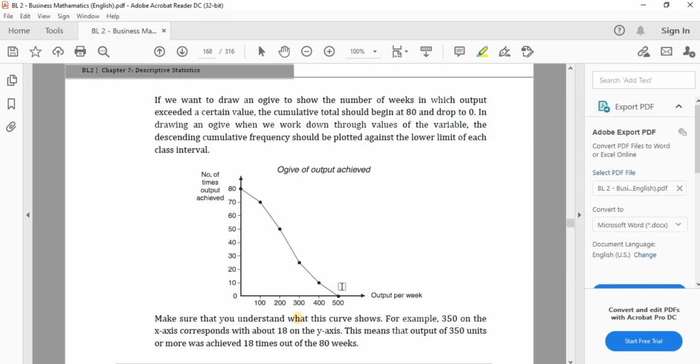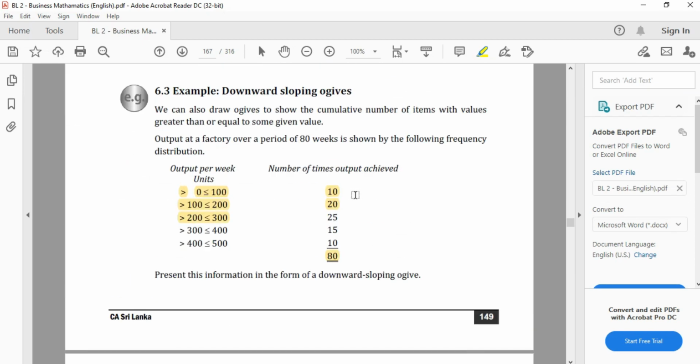So the reason they drew this is, in this case, to show the number of weeks in which output exceeds a certain value. Like to show how many weeks it basically takes, to exactly show within an 80-week period.